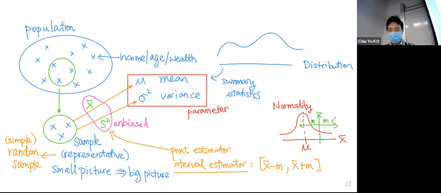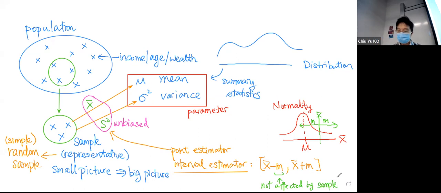Let me repeat the statement. Before I do the sampling, I specify a procedure: I will calculate the sample mean, adding all the data and dividing by n. And I will use an M, which we'll tell you later. Note that M is independent of your sample. M is pre-specified and not affected by the sample.